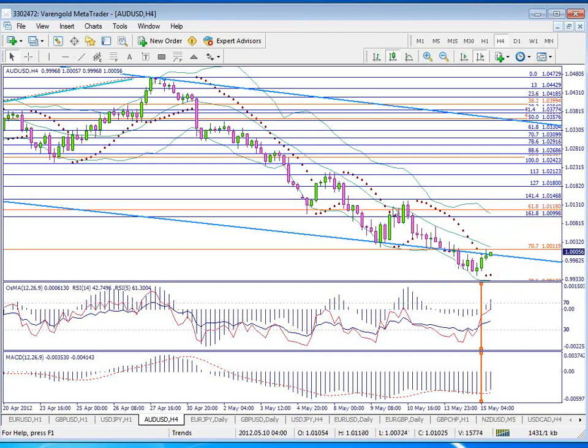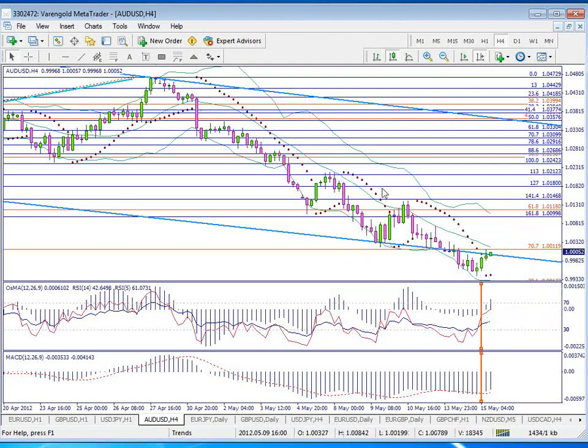Was something very powerful. But also 61 and 70 level from the previous move is something reasonable for the next wave.